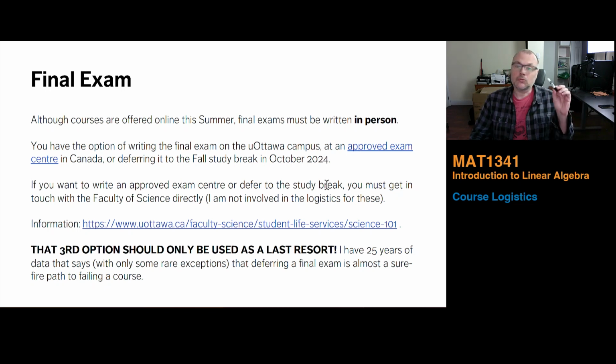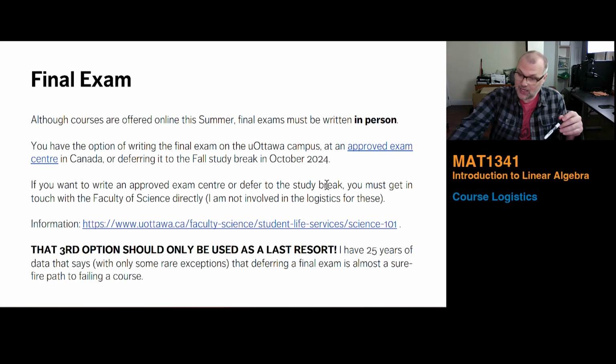I don't know how the deferral process works. This is something that's between the student and the faculty. But if you know that you're not going to be writing in person, you need to register for the deferral exam, and sooner than later, right? If you wait like the day after, that's not going to work. So you have to contact the faculty.